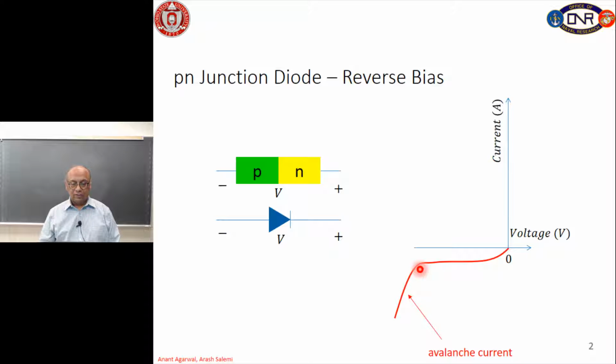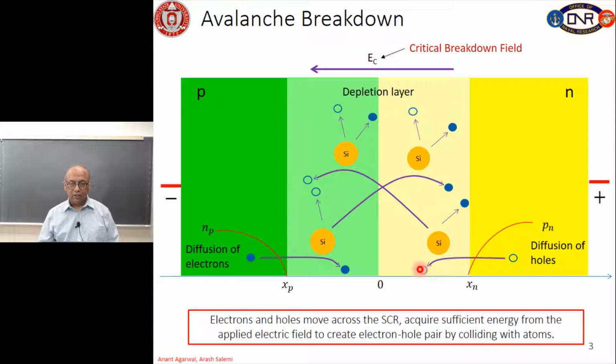So, this is the result of high electric field in a reverse bias p-n junction, and essentially what is happening is that as we increase the reverse bias, you can see that the depletion region is expanding on both sides, and this is also called the space charge region, SCR, and the electric field is pointed from right to left because there are positive donor atoms here and negative acceptor ions here.